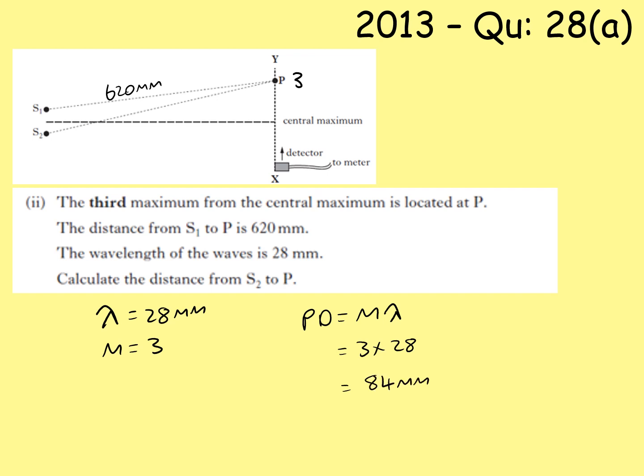So our path from S2 to P is equal to our path S1P plus the path difference. We're told the path S1 to P is 620, plus 84 gives you 704 millimeters.